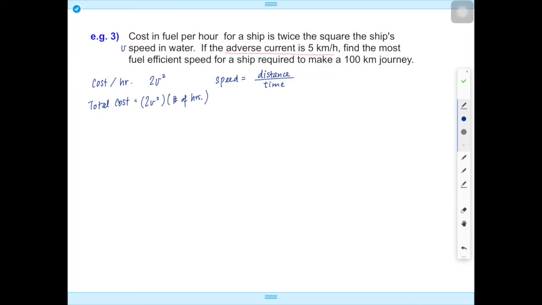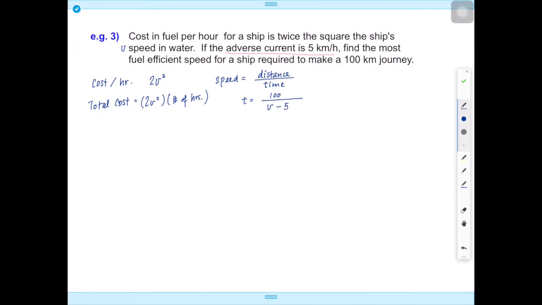So combining what we know, I think it will be ideal for us to rearrange this formula and say, well, the total time that it's going to take to complete this 100 kilometers journey is 100 kilometers divided by the actual speed of the ship. So the ship is traveling at v kilometers per hour minus 5 kilometers per hour.